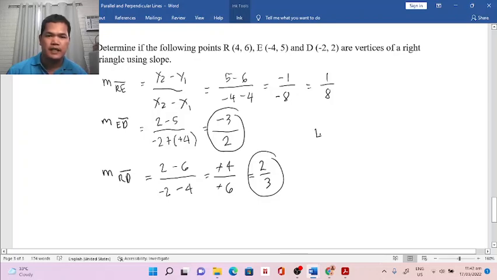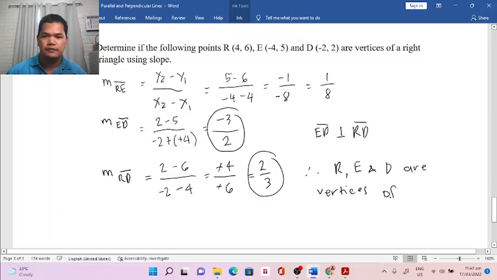We could say that ED is perpendicular to RD, thus R, E, and D are vertices of a right triangle. And that's all for the parallel and perpendicular lines.